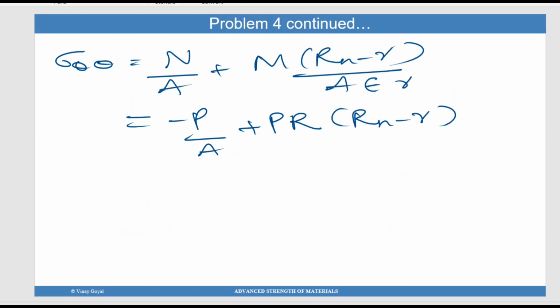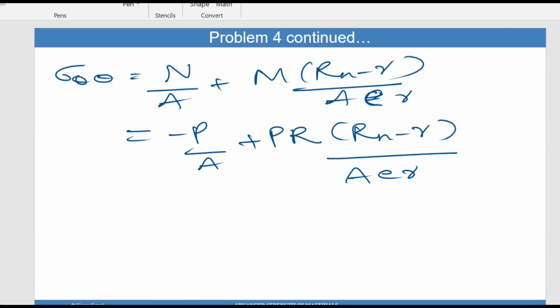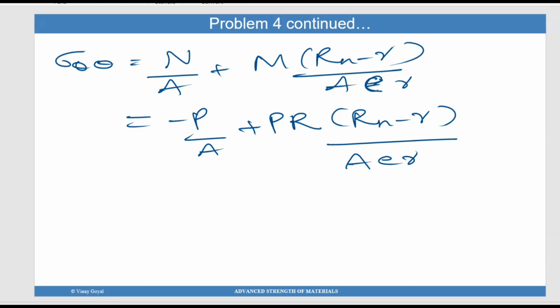What is the small r? It is the radius, right? So you're trying to find out what sigma theta theta is at a particular r value. So that is this r upon A e r. So just substitute all the values. You should get sigma theta theta as, let's see if I've got sigma theta theta somewhere.